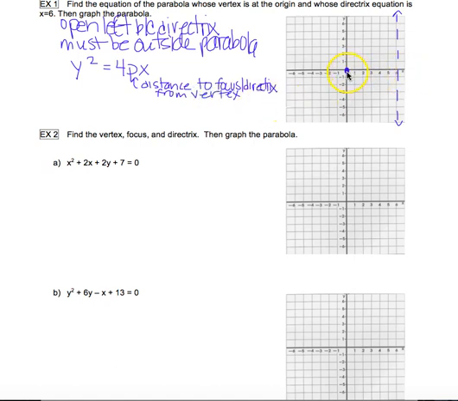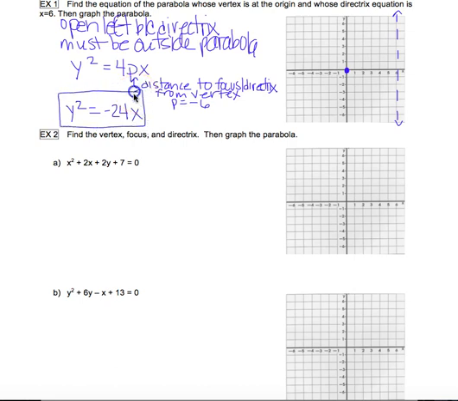In this case, from the vertex to the directrix is 6 units. So that means that I'm going to plug in -6 for that p-value. And so then I have y squared equals 4 times -6, which is -24, so -24x. So this is my equation.